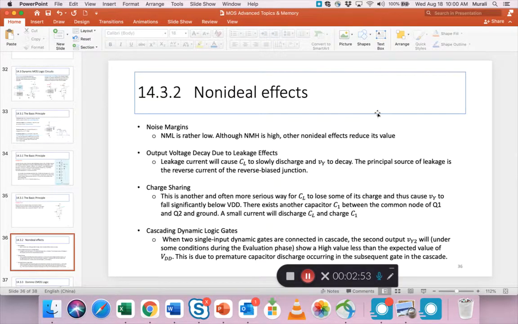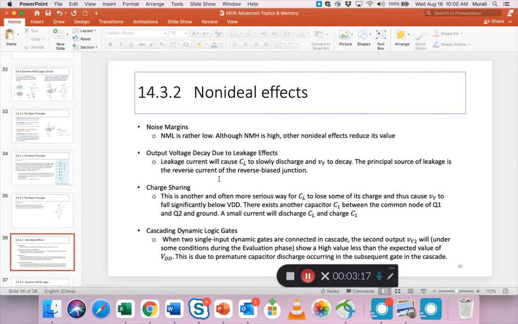But one thing to understand is that this dynamic MOS process also has a number of problems, and here are the issues. Noise margins are rather low. Noise margin high is okay, noise margin low, NML, is definitely low. Output voltage decay due to leakage effect.